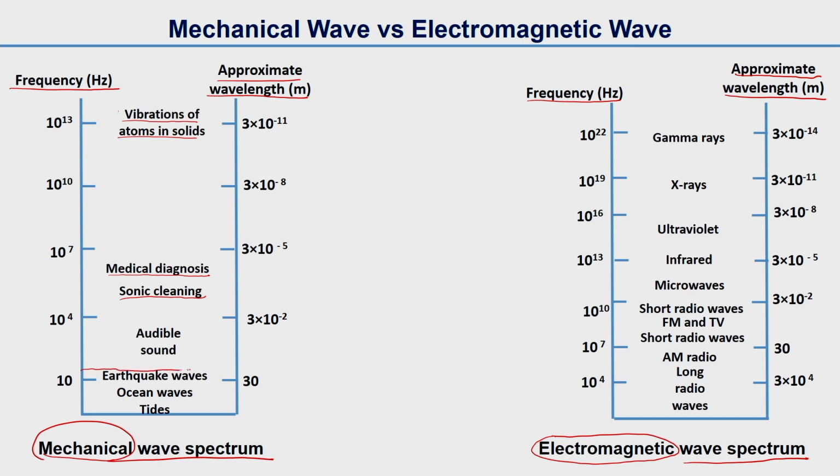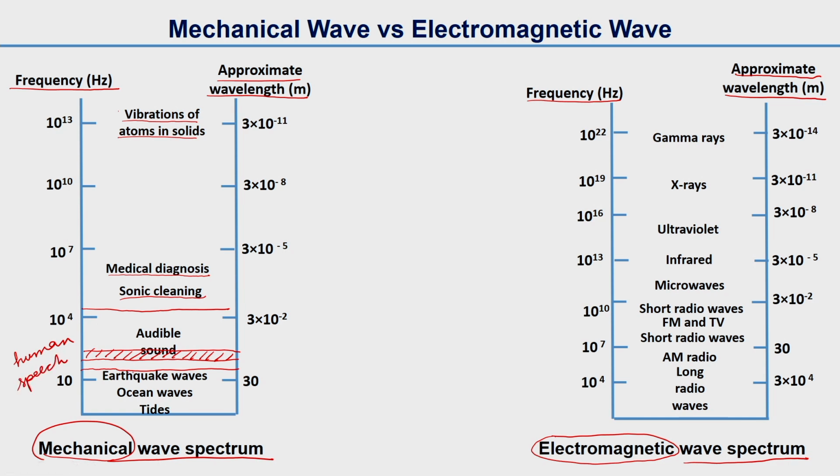We know that from 20 to 20,000 hertz is the audible sound range, and in this range we have human speech. It's a very narrow range, probably in this region. So that is human speech.